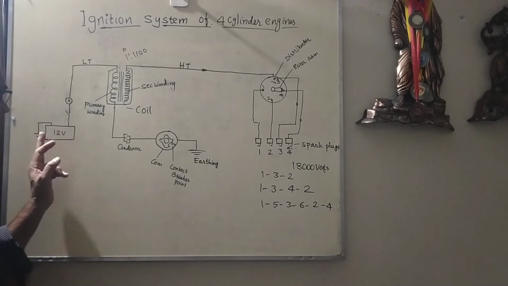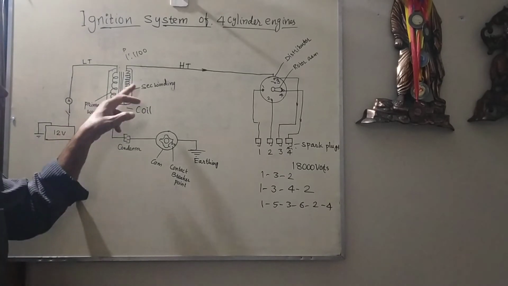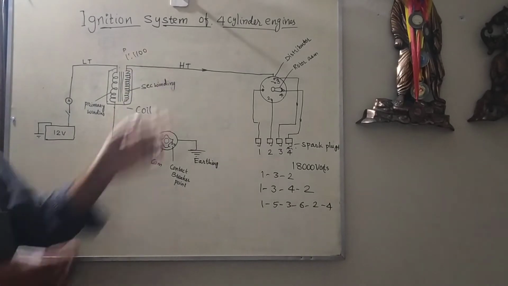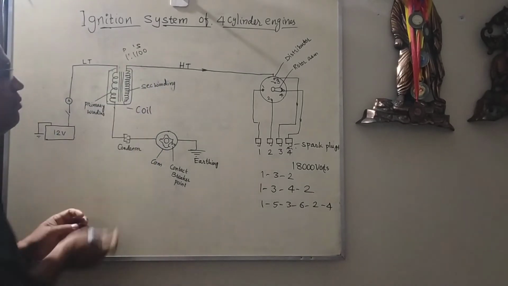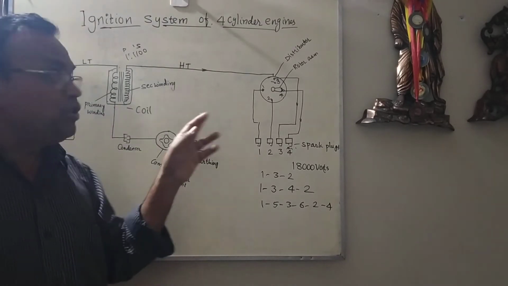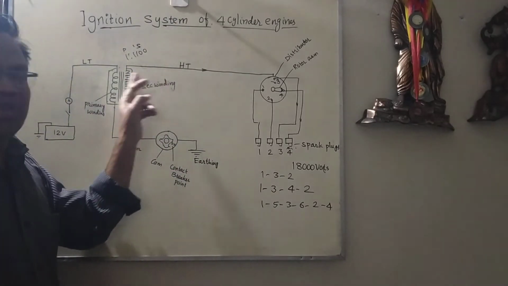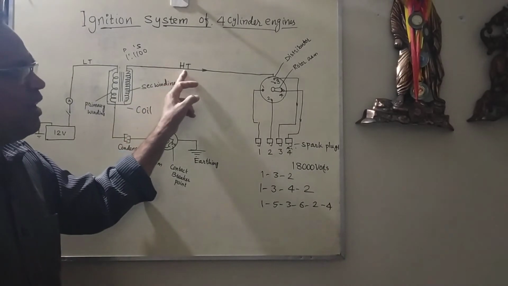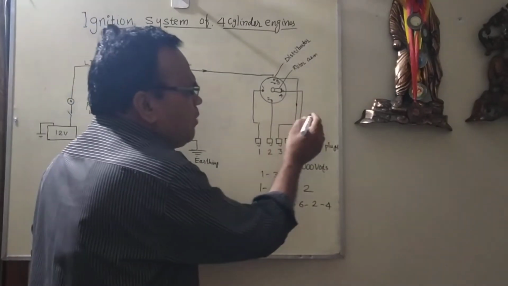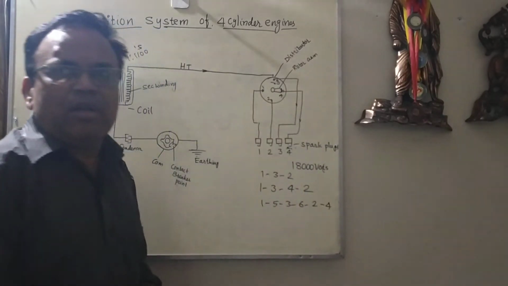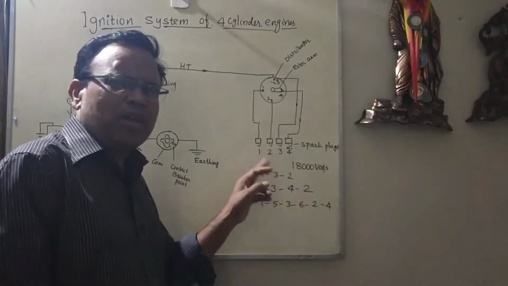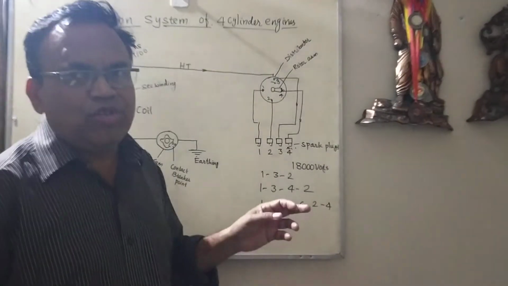Once the 12 volt current jumps to the secondary coil, which has many turns, the turns ratio of primary to secondary is 1 to 1100, so the 12 volt is multiplied about 1100 times. Next it goes through the high tension cable to the distributor center. The distributor has many terminals, which are the spark plug cables connected to the engine cylinders. In each cylinder there is one spark plug, sometimes twin spark plug technology also.